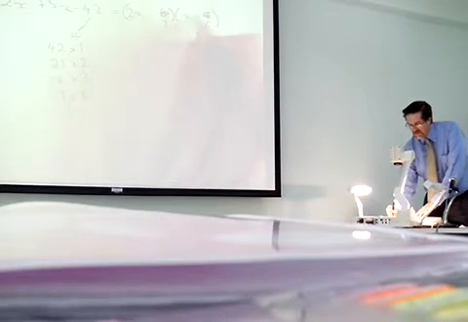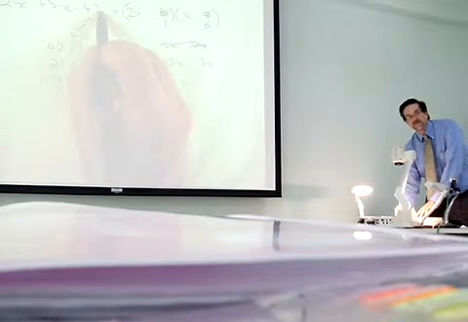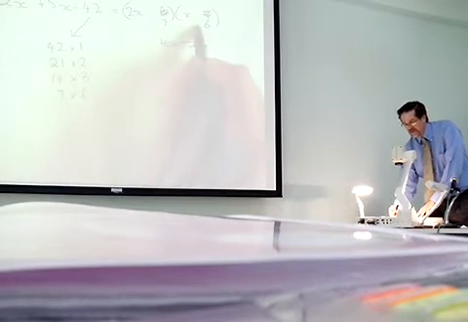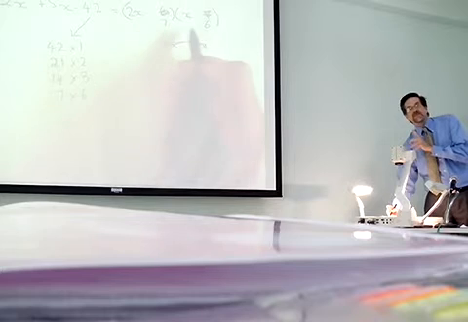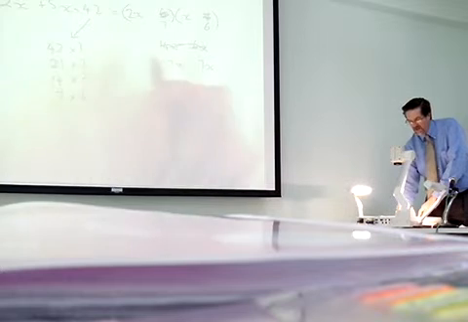Do we want plus or minus? Remember that we have negative 42. So of these two signs, one must be positive, one must be negative, because we have negative 42. So which one is which?